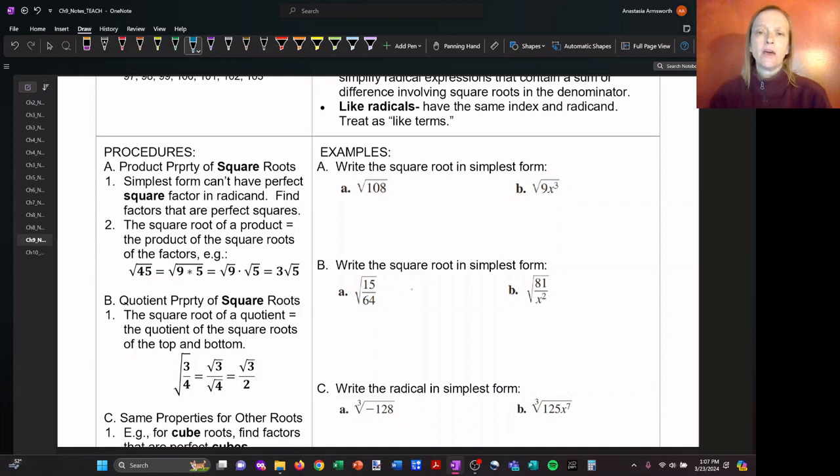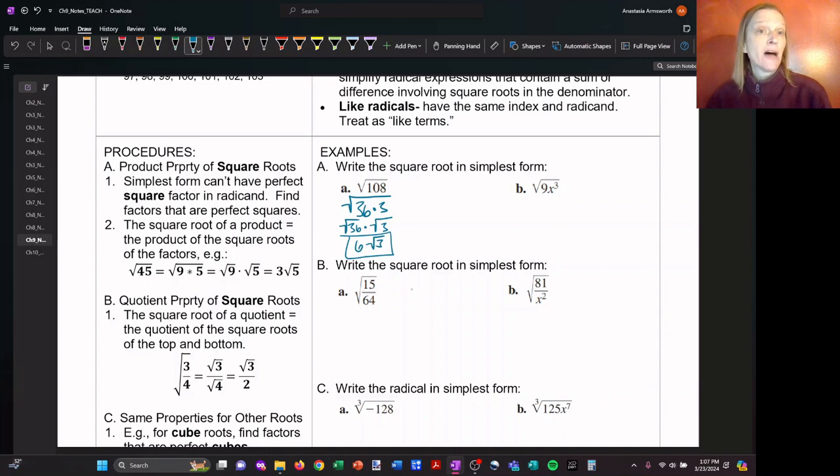If you are fortunate and spot right away that 108 is the same as 36 times 3, then we can think about that as being the square root of 36 times the square root of 3. And of course, the square root of 36 is 6. And so we get 6 times the square root of 3. And that is simplest form.